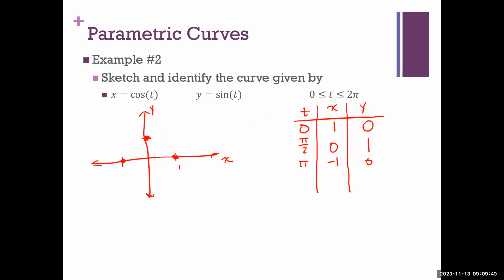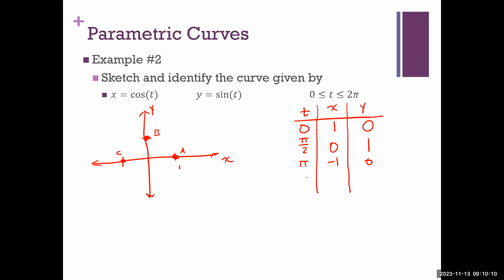If I graph these in order, this will be point A, point B, point C. Is that enough for me to have any suspicion or guess what this curve is going to look like?